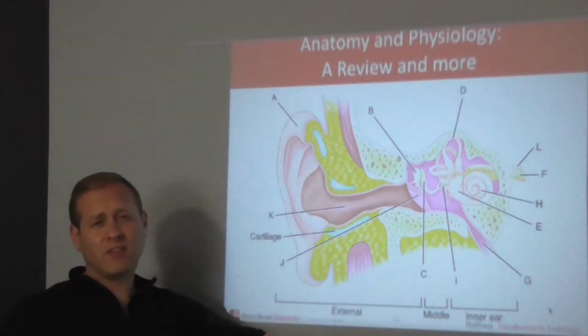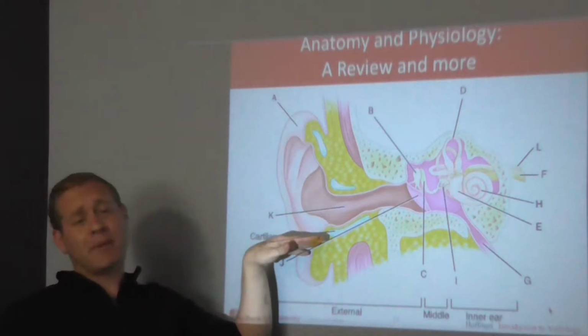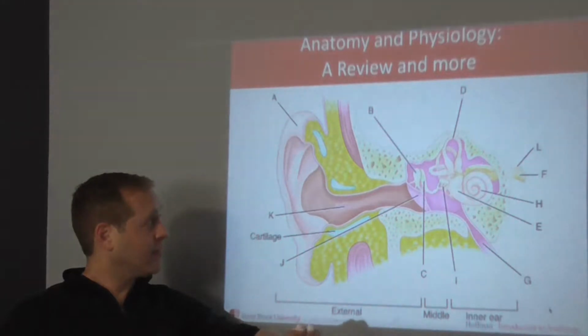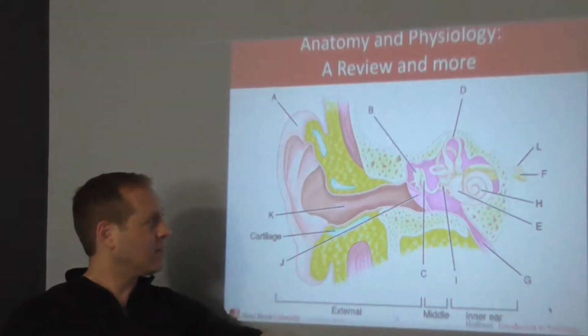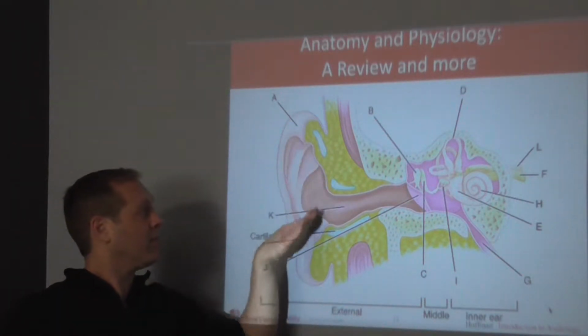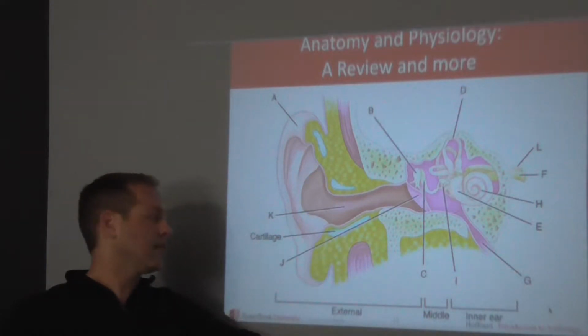For the purposes of this course, we're just going to leave it at that. The different parts of the pinna have different names, but we're not going to discuss that for this course. If we get into anatomy and physiology of the speech and hearing mechanism, we're going to get into it a little bit further. But right now, we'll talk about the pinna, okay, which has an opening in it, okay?